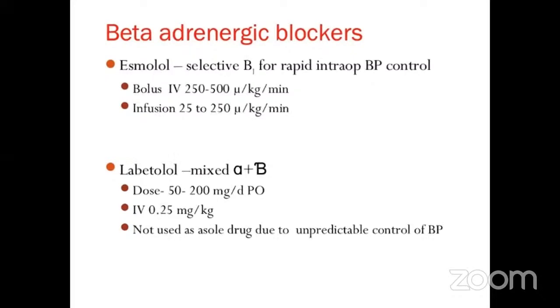Coming to esmolol, it is a selective beta 1 blocker for rapid intraoperative BP control. IV bolus dose of esmolol is 250 to 500 microgram per kg per minute, whereas in case of infusion, 25 to 250 microgram per kg per minute.